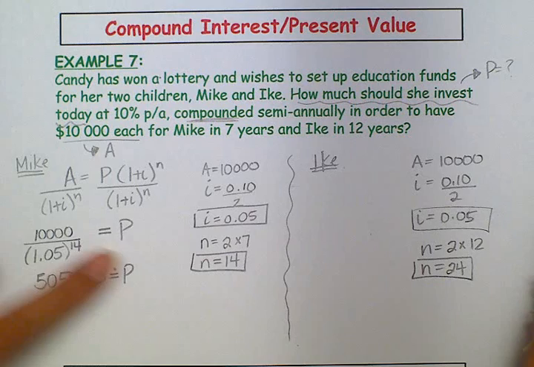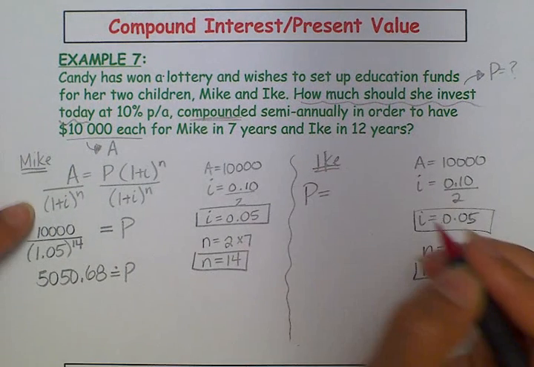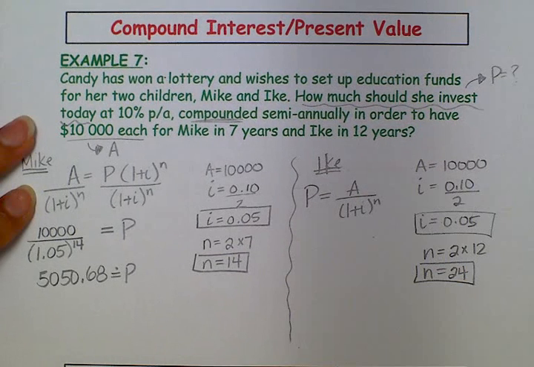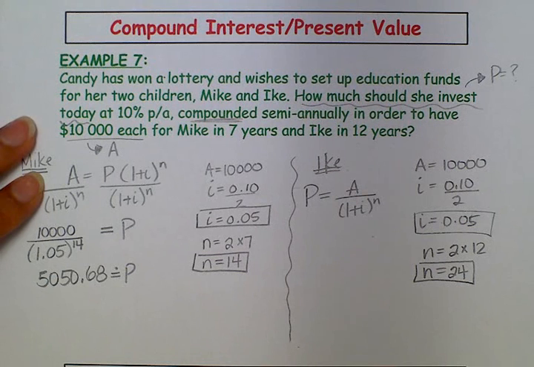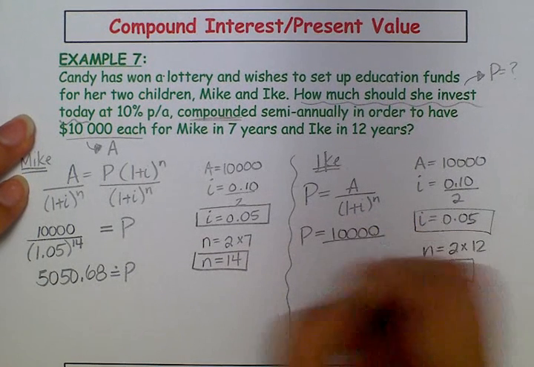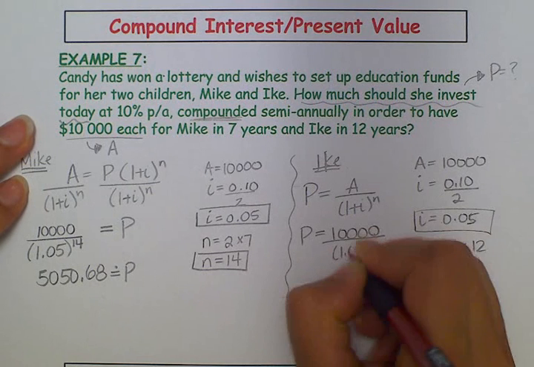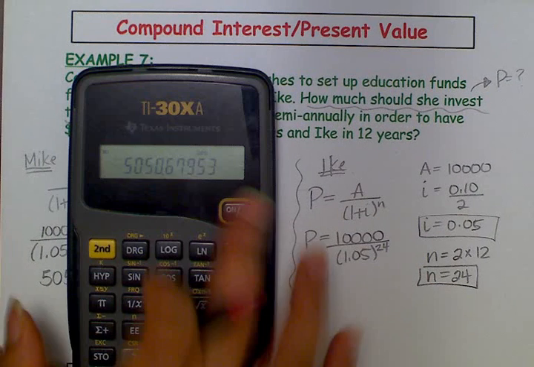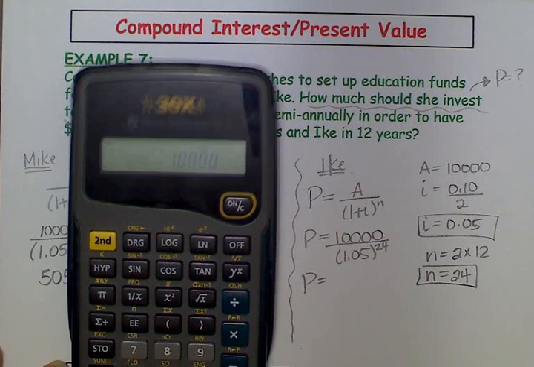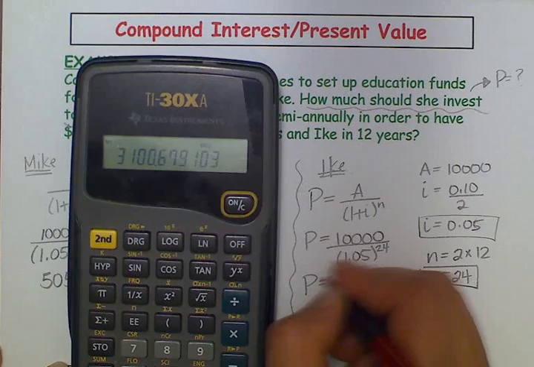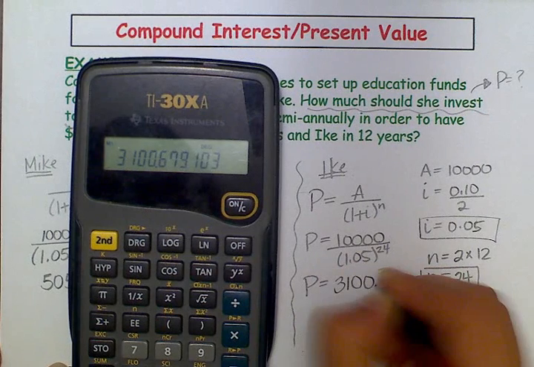And so I'm going to look at the principal value equation, or the present value equation, so A over (1 plus i) to the exponent n. And I pretty much got that from when I isolated it in Mike's part of the equation. And so I get P equals 10,000 divided by 1.05 to the exponent 24, and that gives me $3,100 and about 68 cents.